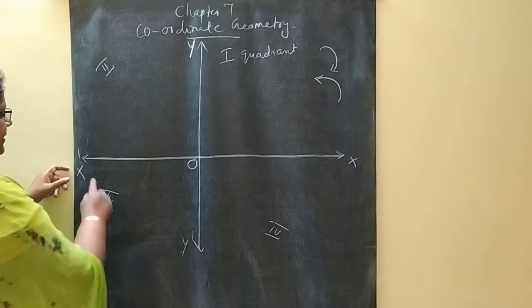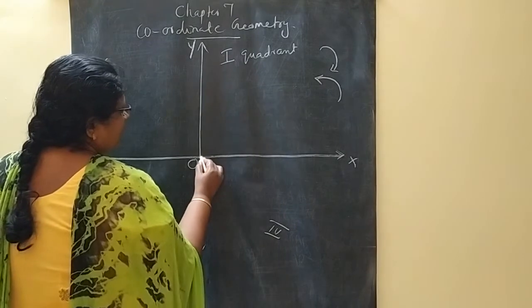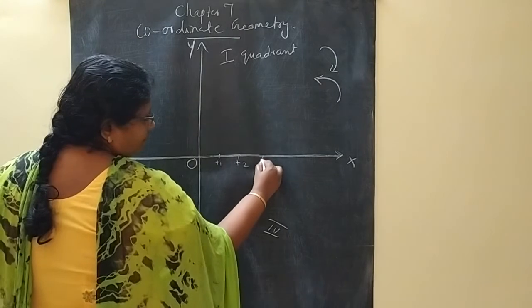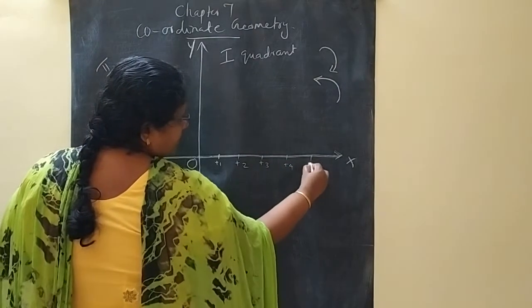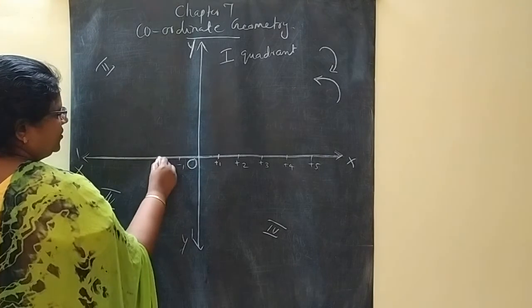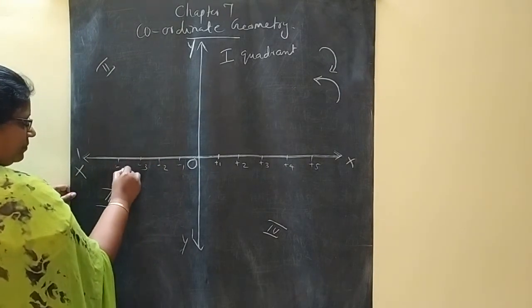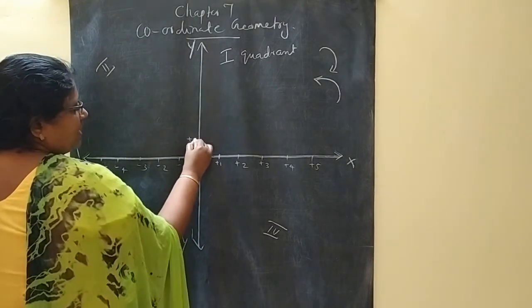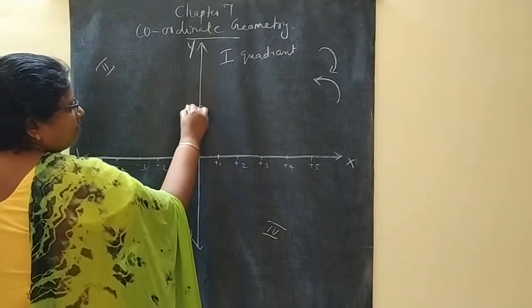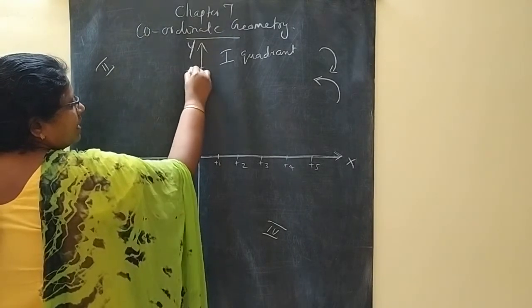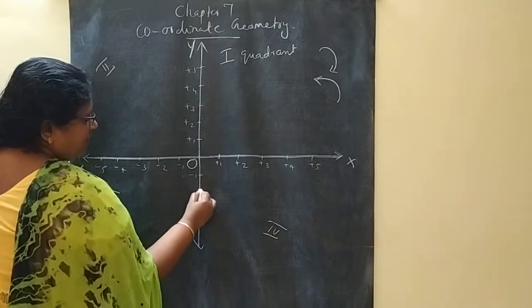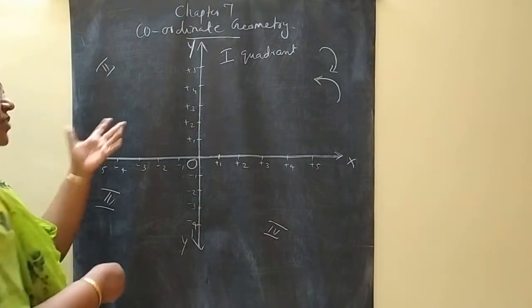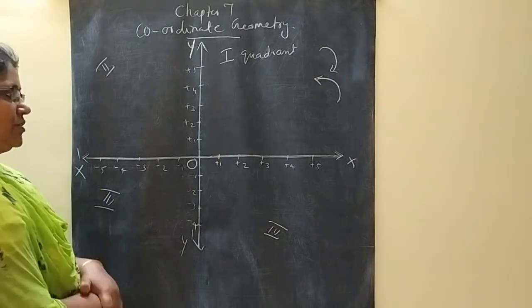Then you know that along the x-axis, on the right side we are marking positive values and on the left side we are marking negative values. On the y-axis, upside we are marking positive values and downside we are marking negative values. This and all you studied in 9th class.